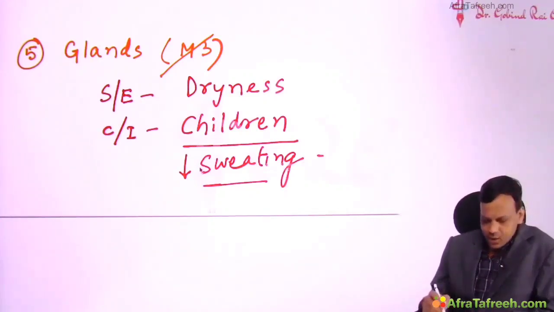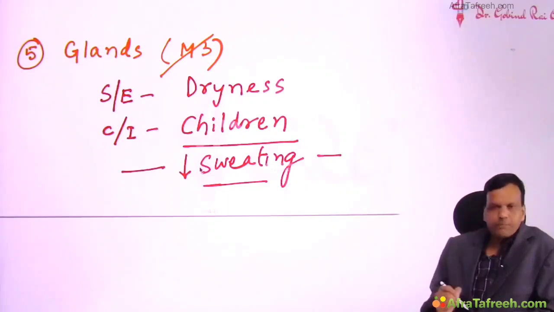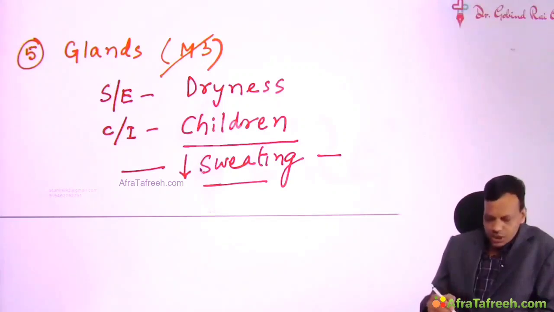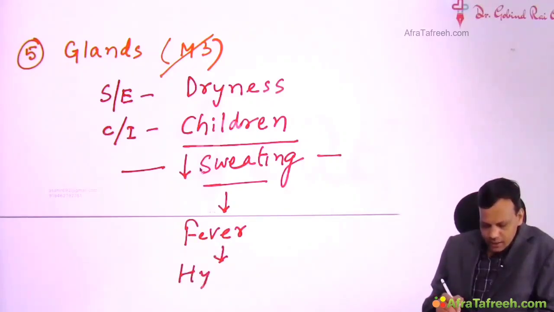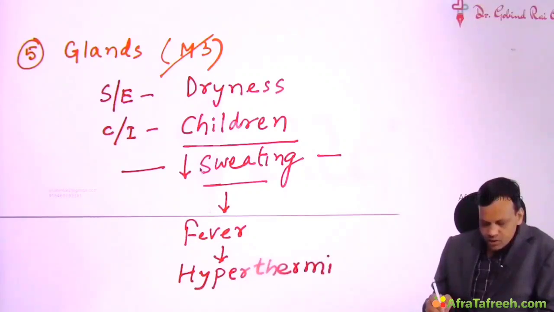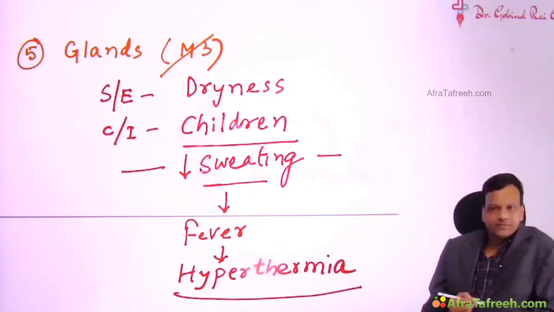Plus the child, due to physical activity, has body temperature that keeps on increasing. If we have given an anticholinergic drug, temperature will not decrease. So initially this will result in fever, which is also called atropine fever. And if we do not stop, it can result in hyperthermia, which can even lead to death of the child. So due to risk of hyperthermia, atropine is contraindicated in children.